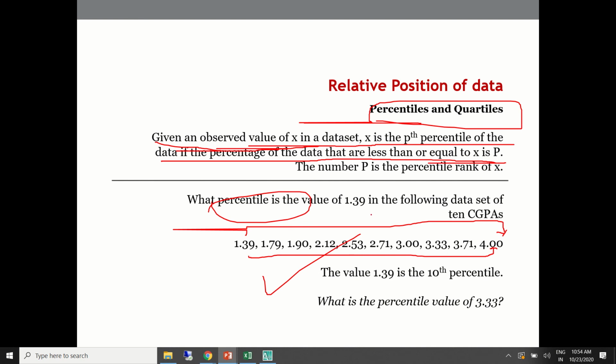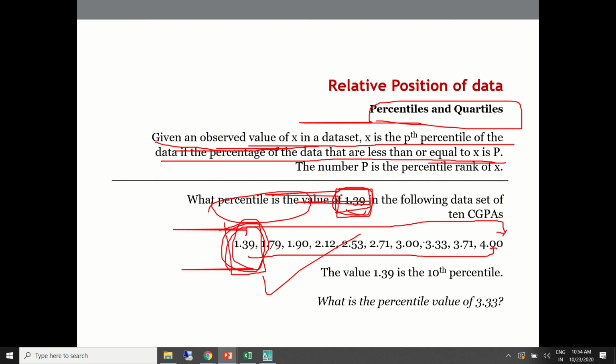This is not an exact figure, but it gives an indication that if people are scoring with this grade, they are in the 10th percentile.